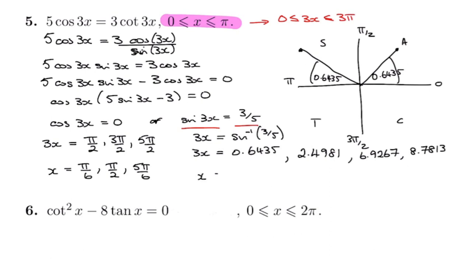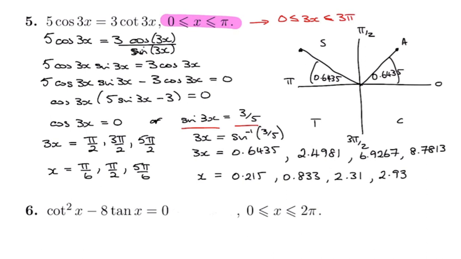Then we're going to divide each of those by 3. Okay, so we get 0.215, 0.833, 2.31, and 2.93, which of course all come in between 0 and pi. So we end up with 4 solutions for that question.